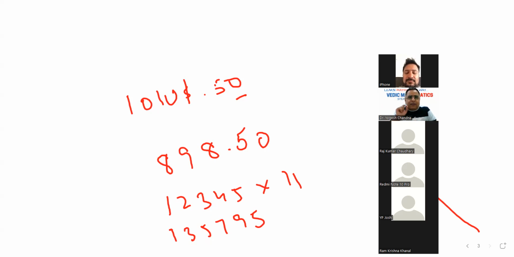The moment they start with borrowing, you don't have an explanation. Suppose you have to subtract 889 from 1000. Why do you borrow from one? You make one 9, the other 9, and the third 10. You don't have an explanation.